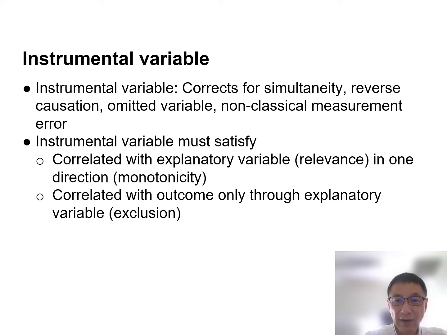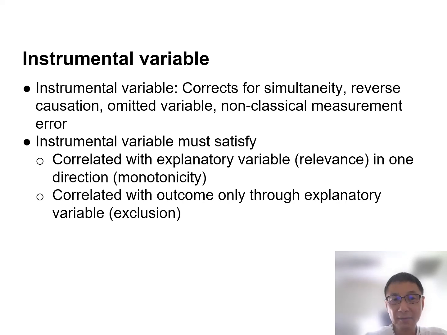We must be able to find an instrumental variable that is correlated with the explanatory variable of interest, and in one direction. These are respectively the relevance condition, that the instrument is correlated with the explanatory variable, and the monotonicity condition, that that correlation be in one direction.